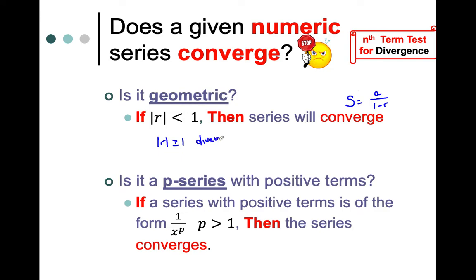But again, we're really considering we want convergence, so I don't really care about this. And the only reason I care about this nth term test for divergence is just so I don't have to run the rest. If p is greater than 1, if it's a p-series, p is greater than 1, the series would converge. If p is less than or equal to 1, the series diverges.